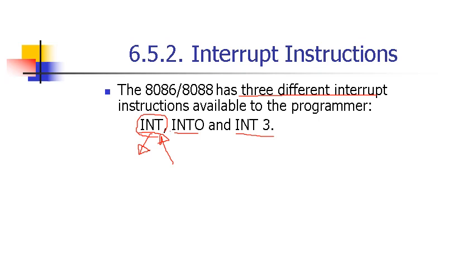While INTO, when you write this in your code, means interrupt on overflow. So whenever an overflow takes place, you execute this specific interrupt service routine to warn you as a user, as a programmer, that a number was generated that your destination cannot take, whether your destination is a memory location or a register.